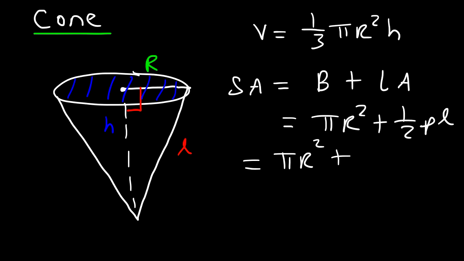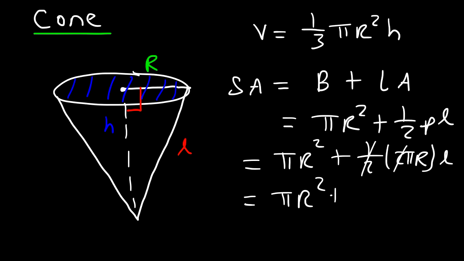The perimeter of a circle is 2 pi r. Keep in mind the perimeter is basically the circumference of a circle. And the slant height, that's just L. So we can cancel 1/2 and 2. Half of 2 is 1. So the surface area of a cone works out to be this equation. It's pi r squared plus pi r L.